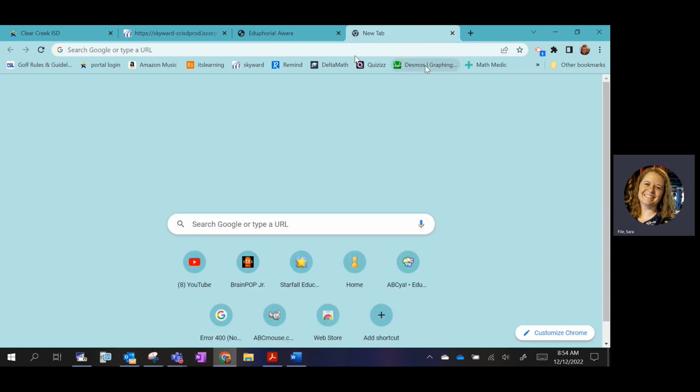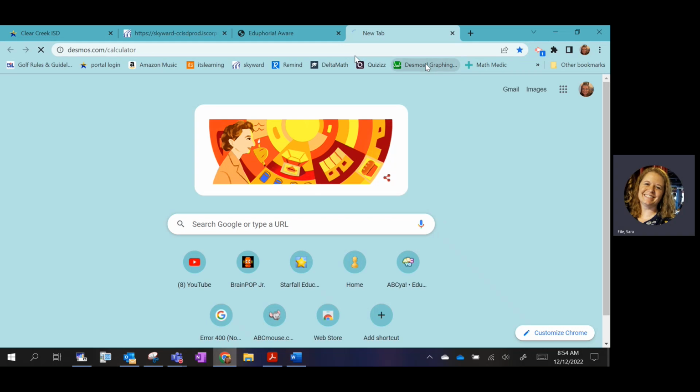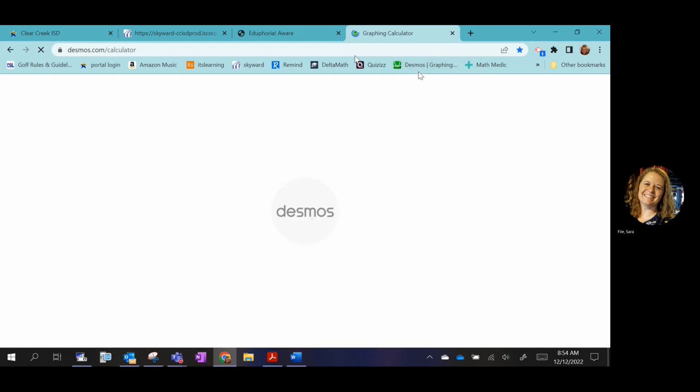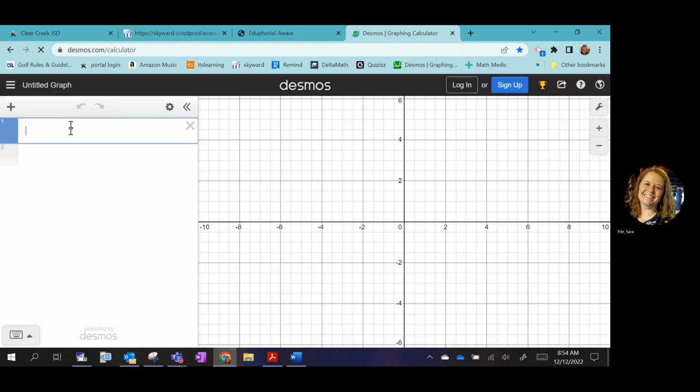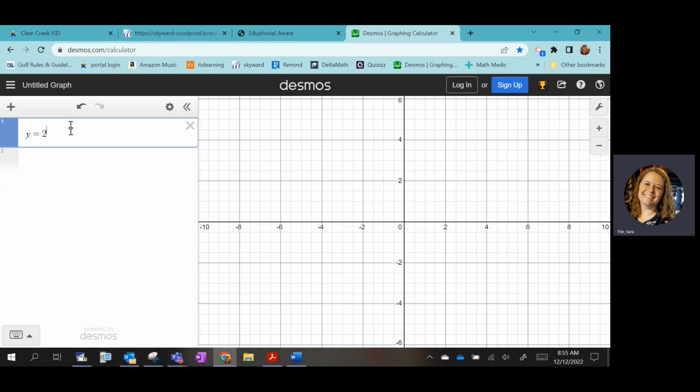I get Desmos. I simply use Desmos and I plug this in and graph it. So it's y equals, you can write f of x or you can write y, it doesn't matter. And this is 2 to the power of x plus 3.